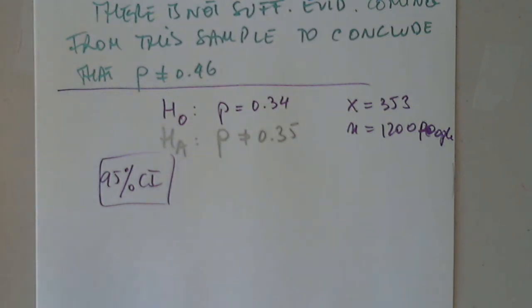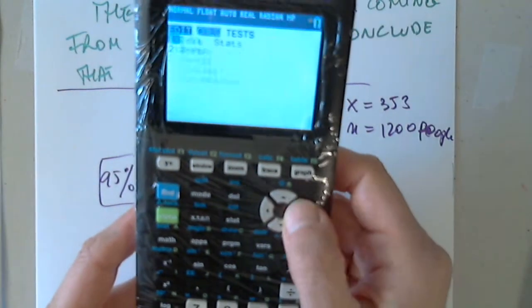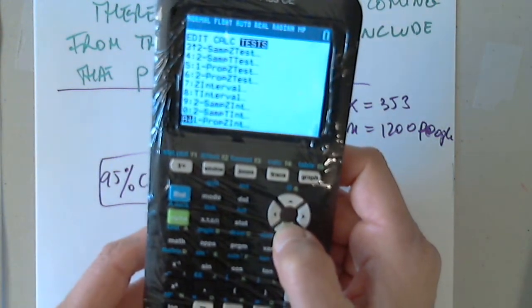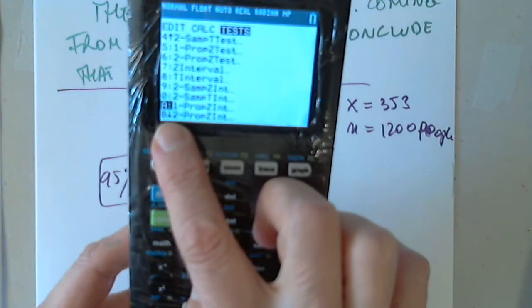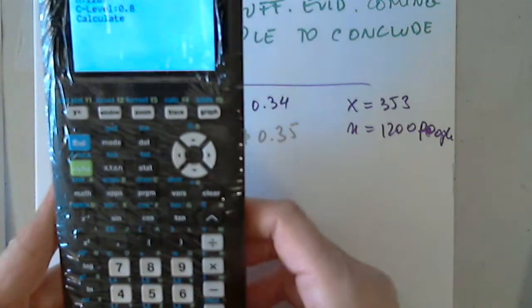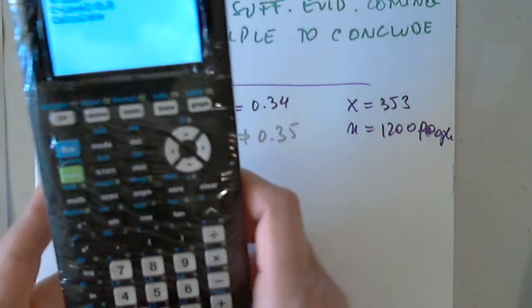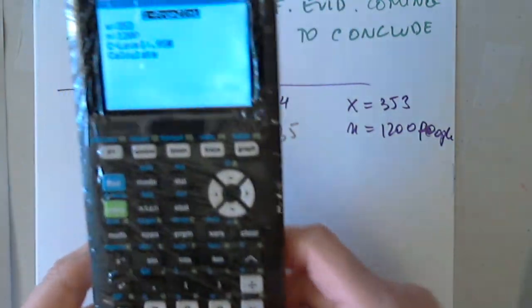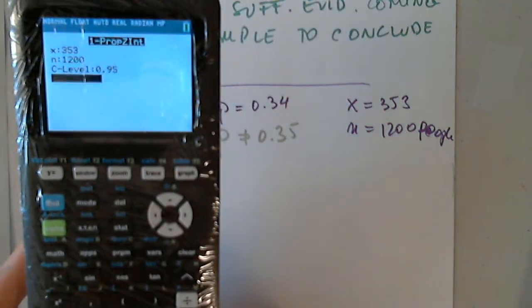Very good. So let's take the calculator, go to tests, go to one proportion z interval, in the menu, X 353, N 1200, confidence 0.95, and calculate.